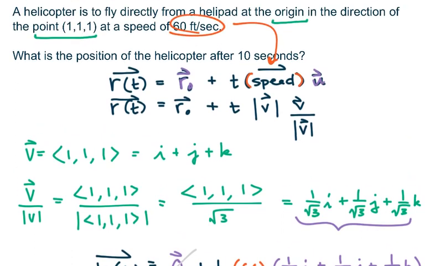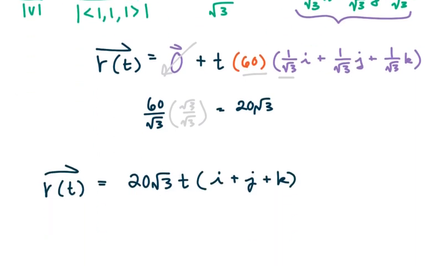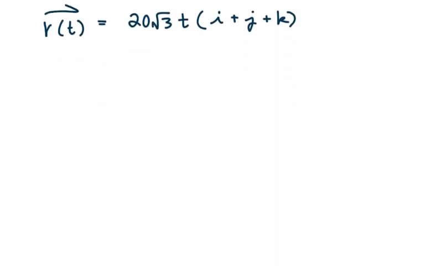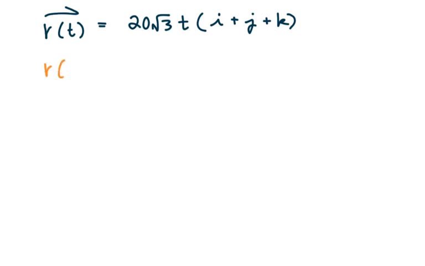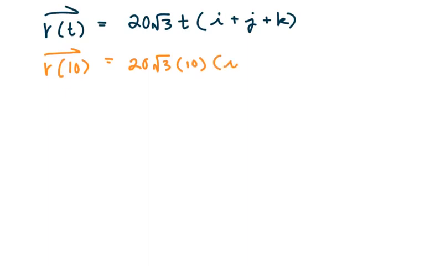It gives the location of this helicopter after traveling at that speed. We're asked to find the position of the helicopter after 10 seconds. So going back to this, the position after 10 seconds is r of 10. That is 20 root 3 times 10 times i plus j plus k. 20 root 3 times 10 is 200 root 3 times i plus j plus k.